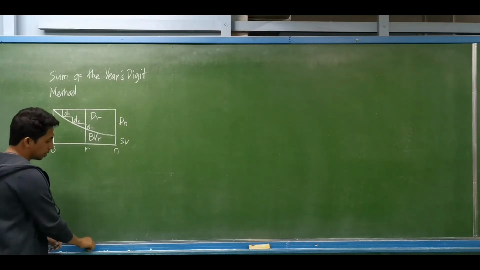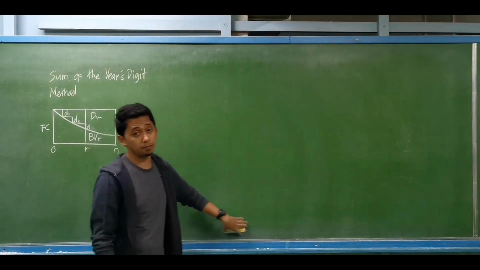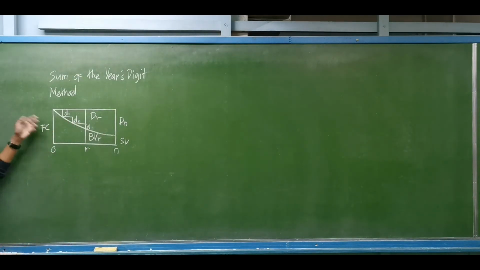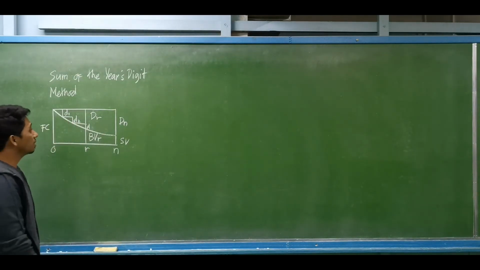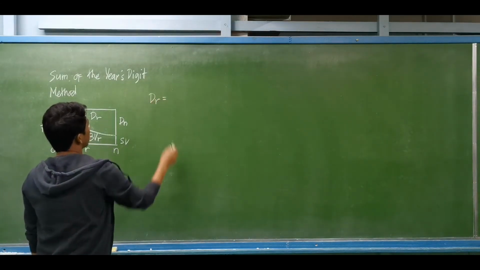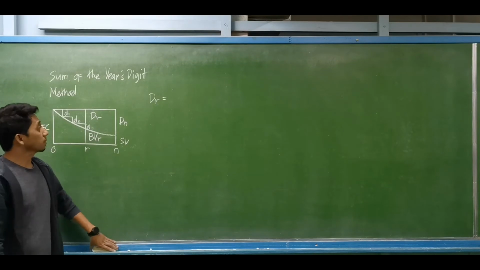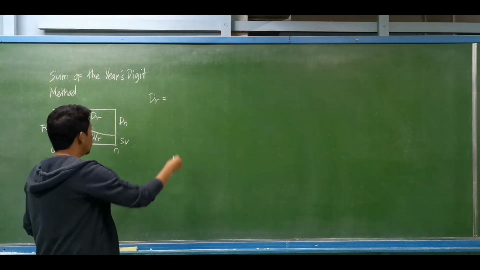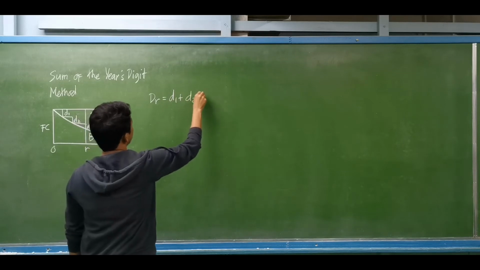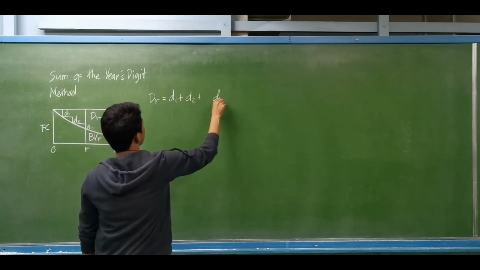Our next method of depreciation is the sum of the years digit method. From this diagram, d sub r is equal to the summation of d sub 1 plus d sub 2 up to d sub r.